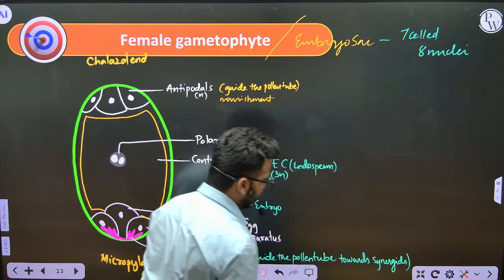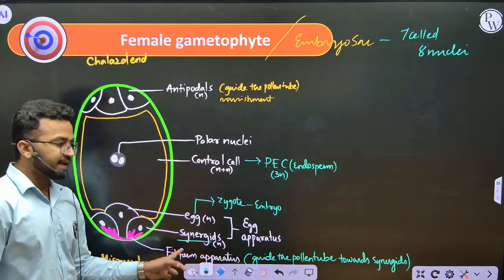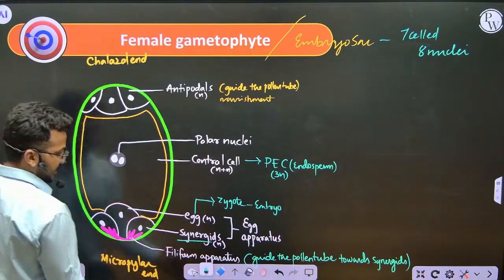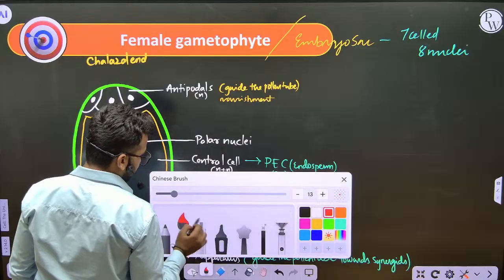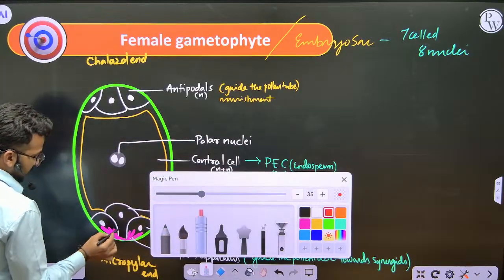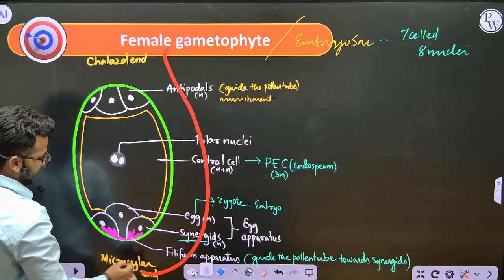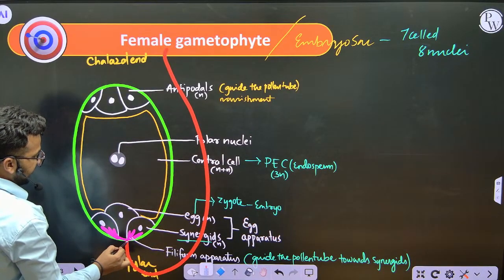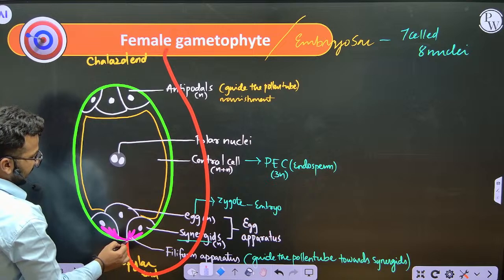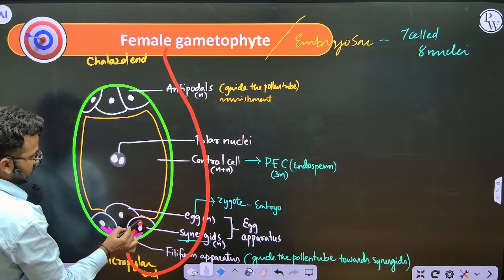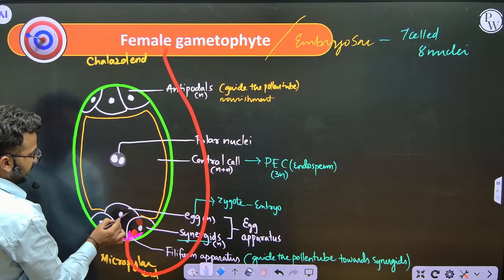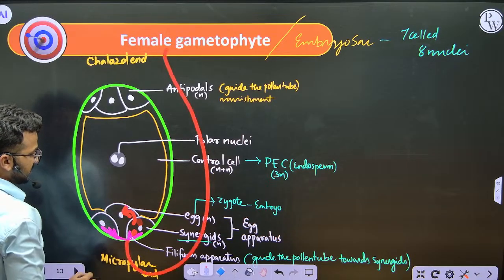After delivering to the synergids, the synergids will take care till it reaches the egg. How will it be? See, the germination of the pollen tube has taken place and the gametes are released here. When the gametes are released, the filiform apparatus guides them towards the synergids, and after that the synergids guide them towards the egg cell.